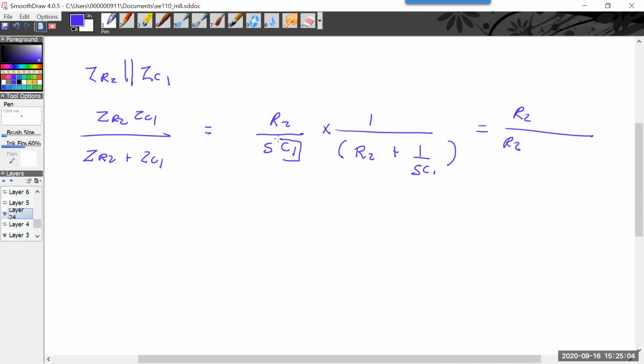I keep the C1 factored out, and I multiply through by S. Okay, which that value there is R2 C1, and so you get R omega naught over S plus omega naught. Okay.